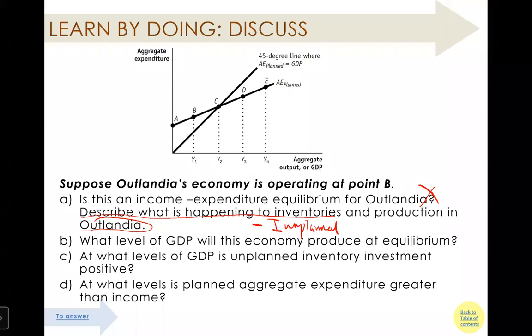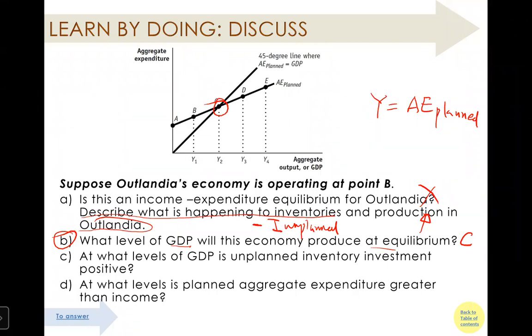So the production is going to increase. This is what happens at point B. Now part B, what level of GDP will this economy produce at equilibrium? That's very simple. They cross each other, at the point when Y equals AE plan. So point C is an equilibrium.